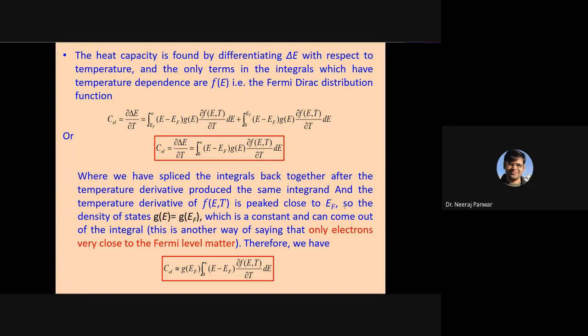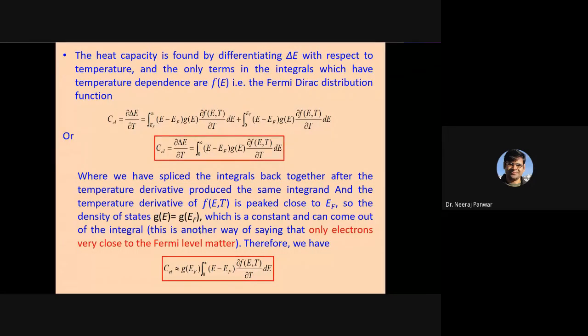Therefore, only the states which lie at the Fermi level, only the density of those states are important. Therefore, in this expression, we can replace G of E by G at EF. And we know that G at EF is a constant, and it can be taken out from the integral.